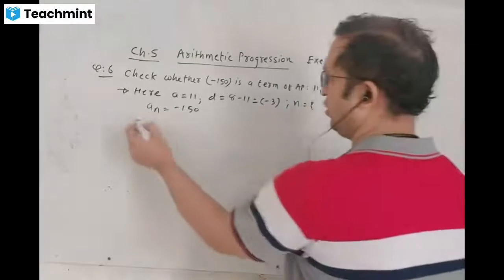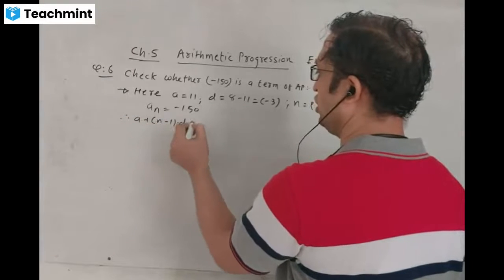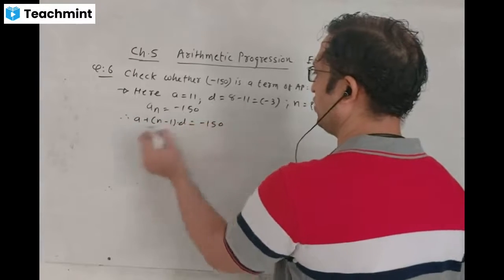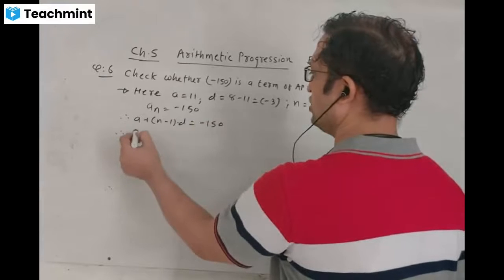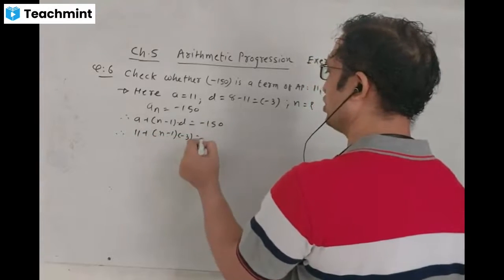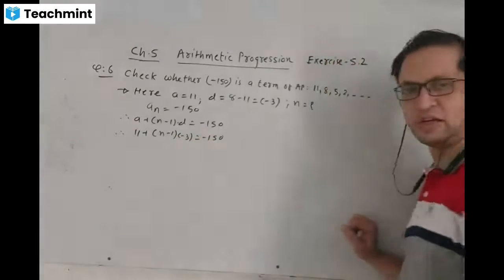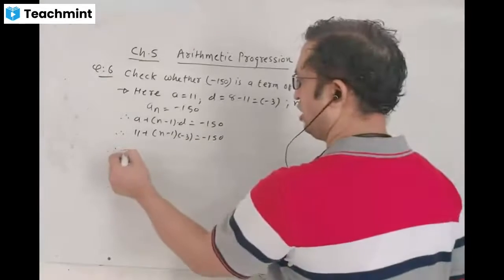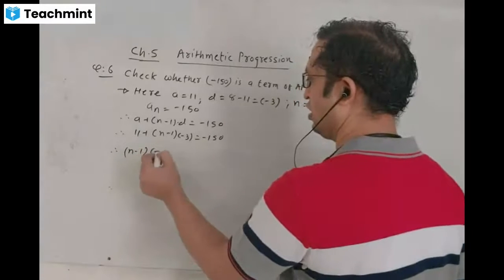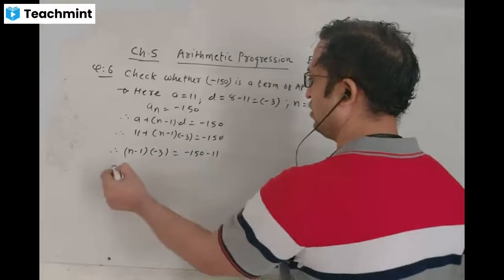The formula of an is a plus (n minus 1) into d, that is equal to -150. What is a? A is equal to 11. So 11 plus (n minus 1) into -3 is equal to -150. Transposing 11 to the right side, (n minus 1) into -3 is equal to -150 minus 11.